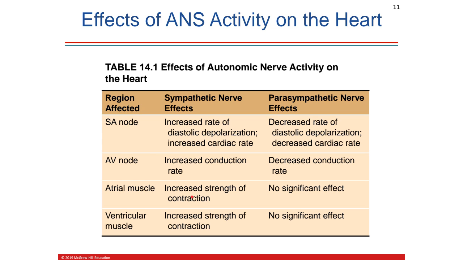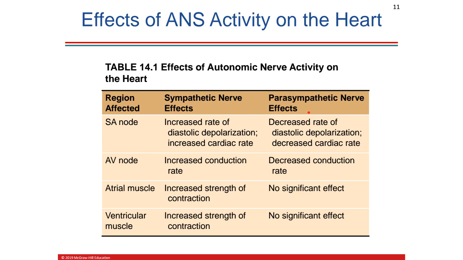Atrial muscles exhibit greater contractility when they receive norepinephrine directly at synapses from the sympathetic nervous system. And the ventricular muscle also shows increased strength of contraction, or increased contractility, due to direct innervation by sympathetic neurons.